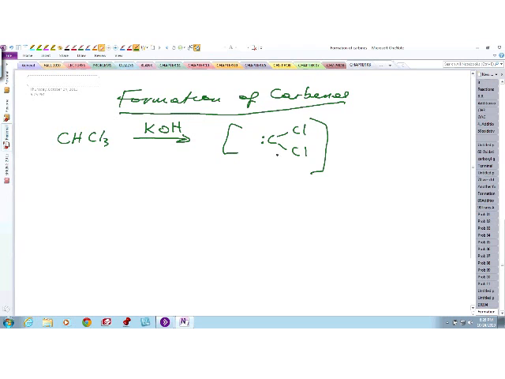We put a bracket around this just to show that this is not a stable molecule. It is only an intermediate molecule.